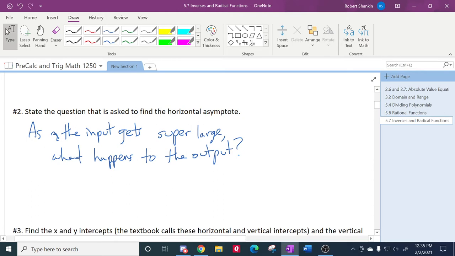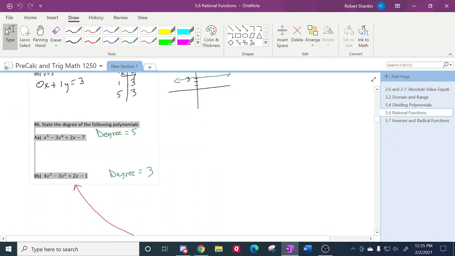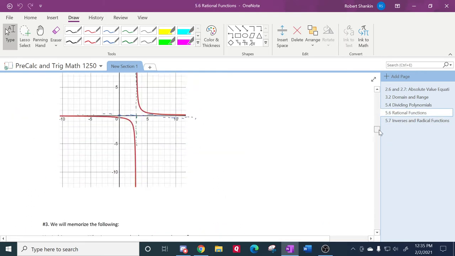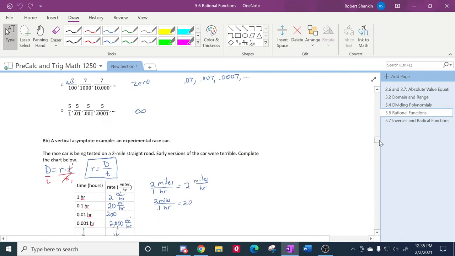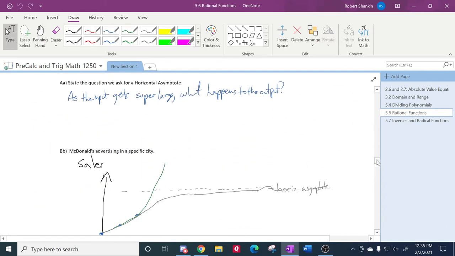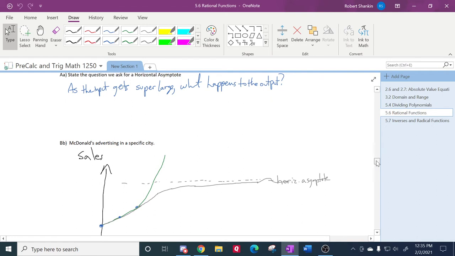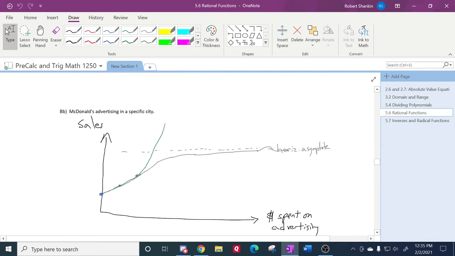And when we were doing this before, remember we had looked at McDonald's advertising, sales and dollars spent on advertising, and we at first thought, you know, if the data shows that sales go up as you spend more on advertising, maybe it's going to go up and up and up, but common situations like this are where we have a horizontal asymptote.